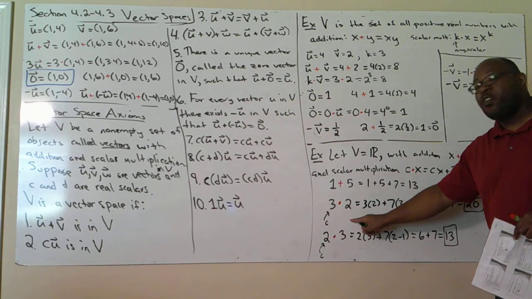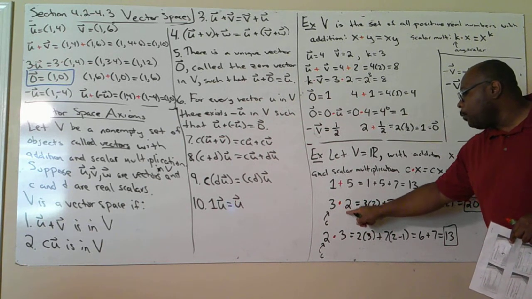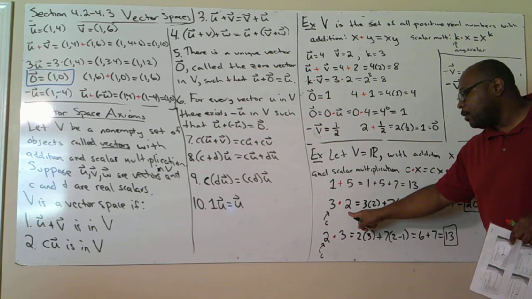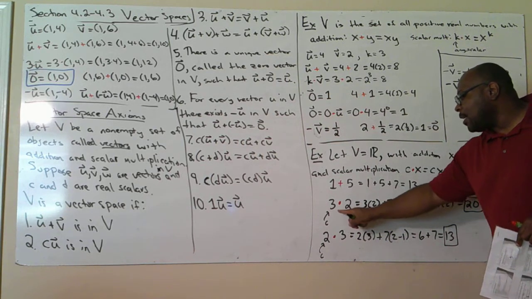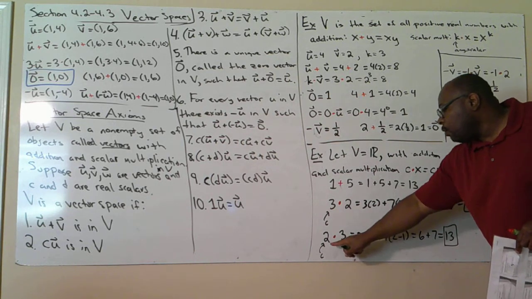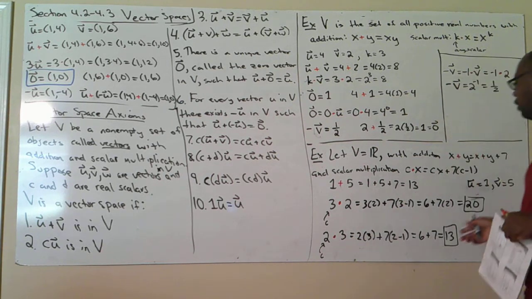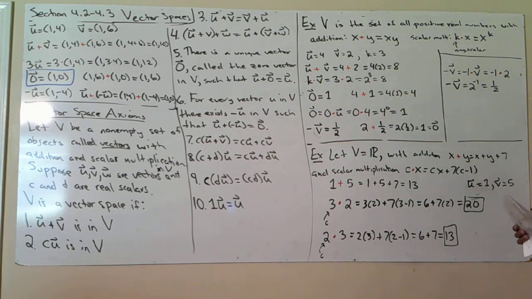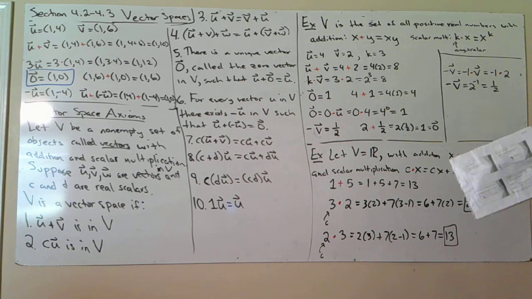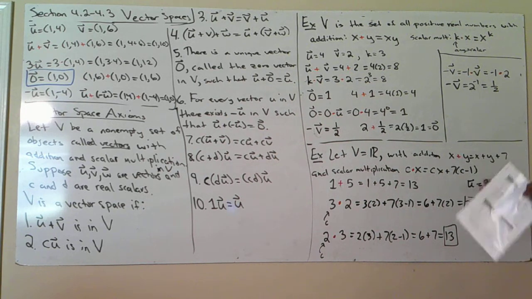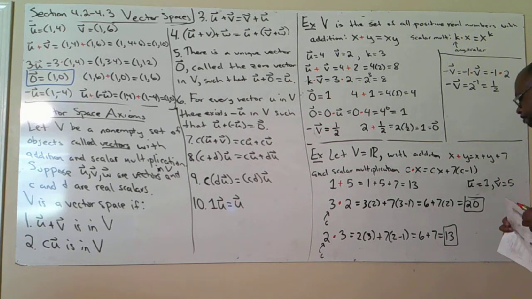We're dealing with two different mathematical objects. Here we're dealing with the vector 2 and the scalar 3. Here we're dealing with the vector 3 and the scalar 2. So they don't have to be equal to each other. If we were dealing with both of them being vectors or scalars, then it's possible that we would get the same thing. But that's not what's happening here.